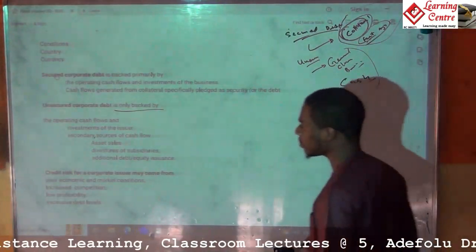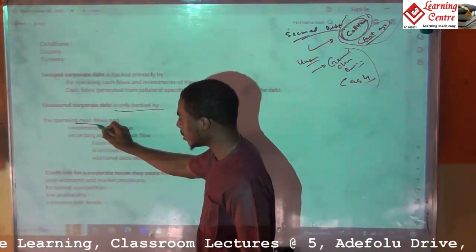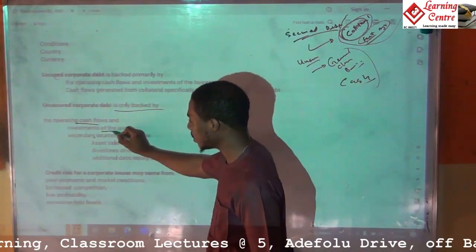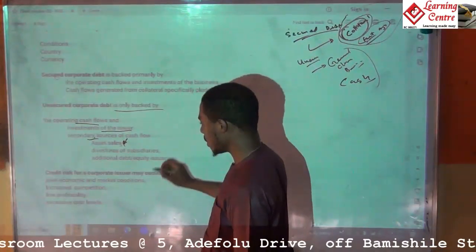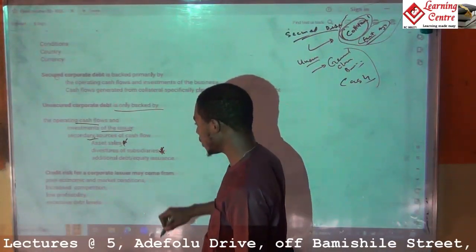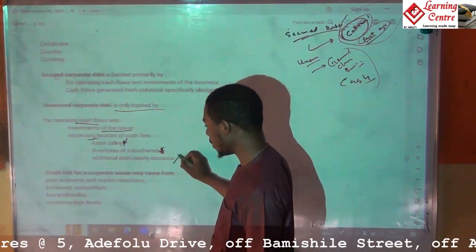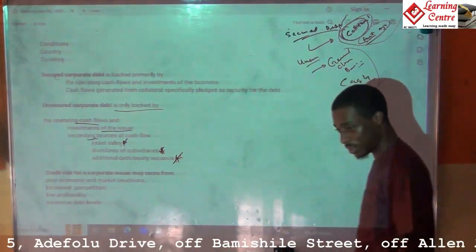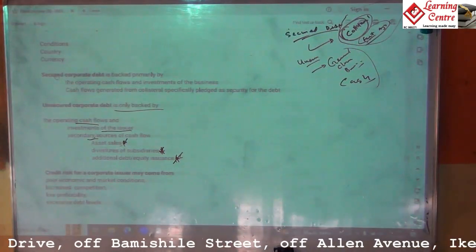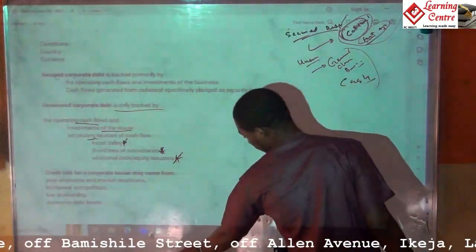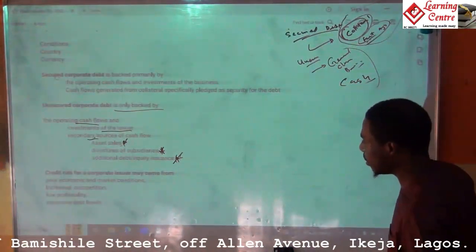Even though I look at operating cash flow first, there is secondary cash flow: they can sell assets, sell subsidiaries, the company can borrow new money to pay that one, or raise capital. Even though they are secondary, these are also sources of repayment.